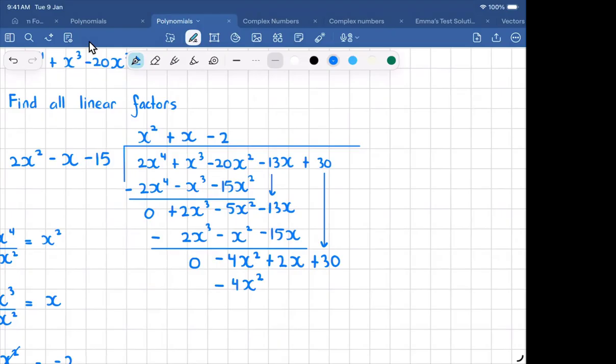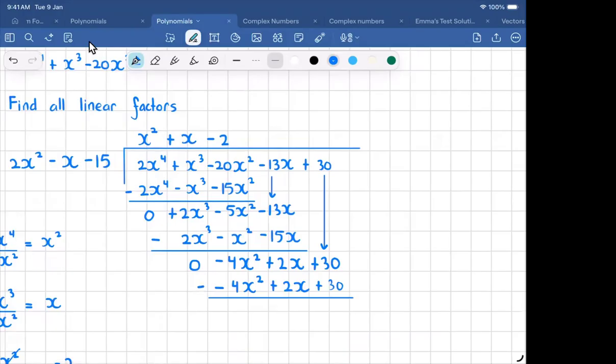So minus 2 by the 2x, and so it'll be positive 2x. Yes. Nice. What next? Plus 30. Yeah, plus 30. And the entire thing is just going to be 0. Hooray! Let's go.